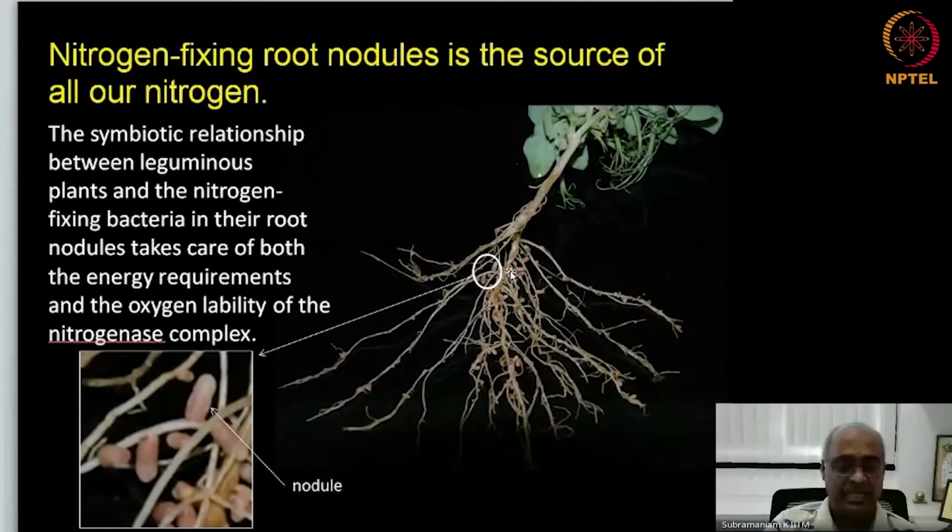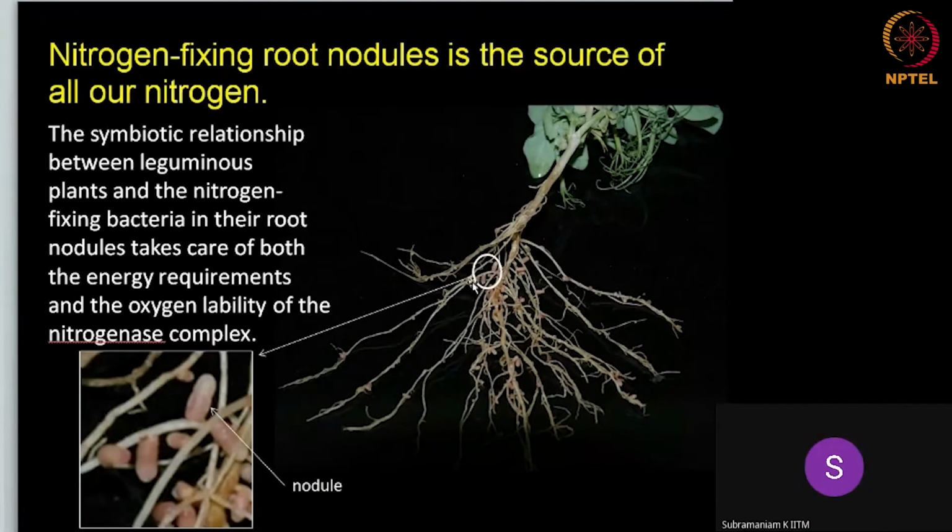If you look at the root system and this circled area up close here, on the root you have these oval shaped structures. So these are the nodules. Okay, and you can see there are lots of them in the plant. And these nodules are root plant structures.